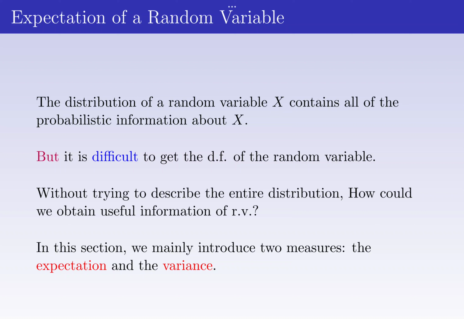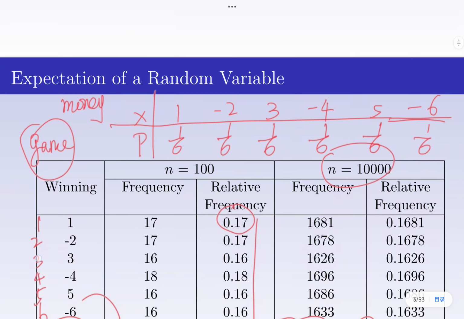Because it is difficult to get the distribution function of a random variable, and the distribution of random variable X contains all of the probabilistic information about X. We need some tool to describe and represent that information, so we need something.